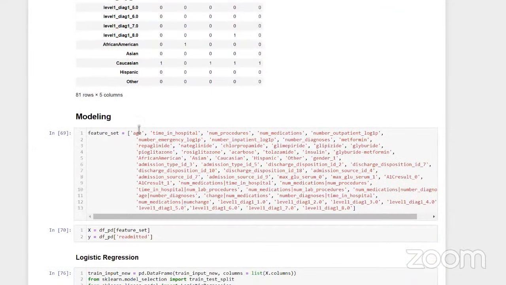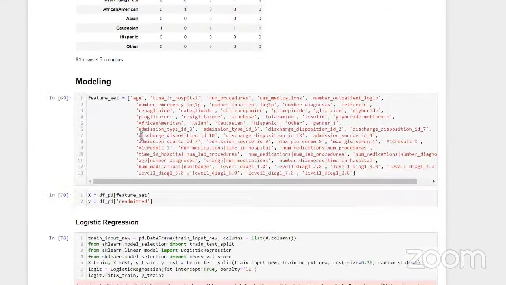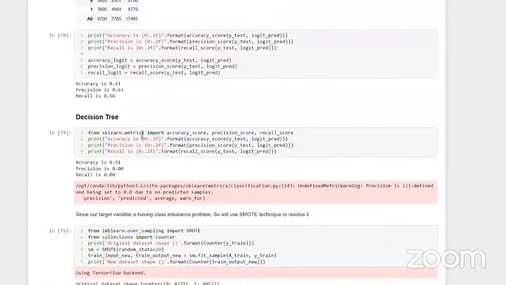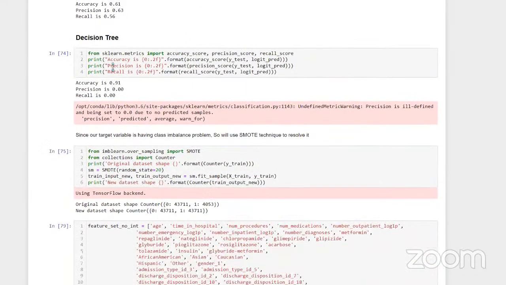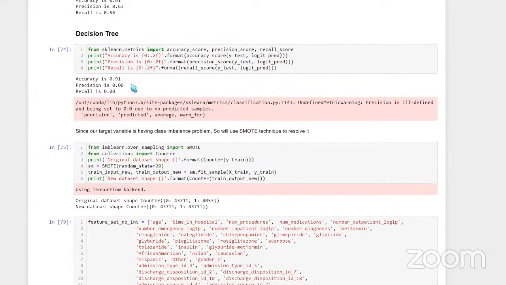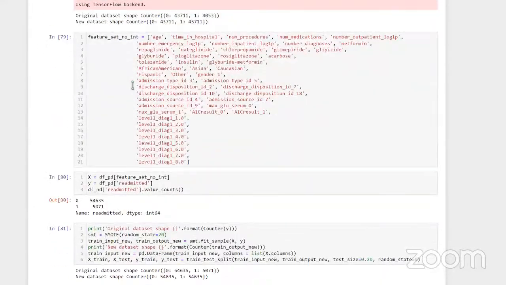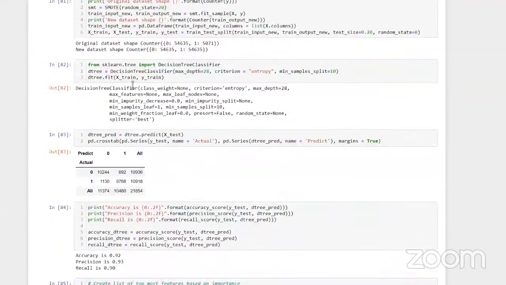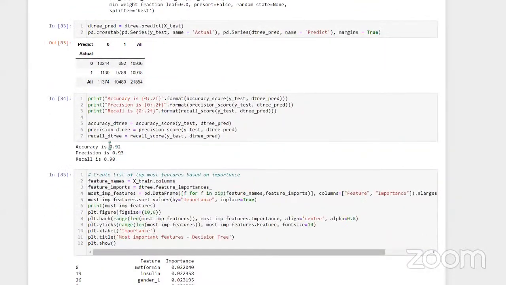Then coming to the modeling part, we did decision tree. Under decision tree, we found our prediction accuracy was 0.92, precision was 0.93, and recall was 0.90.